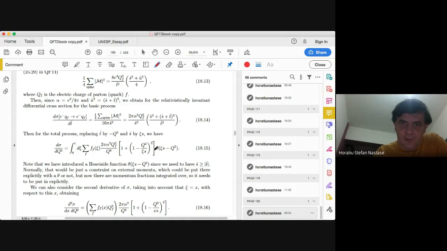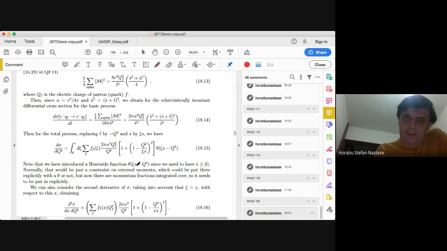Now, substituting, we just get this part. I've also introduced the Heaviside function, theta of psi s minus q squared. That is just to say that for the basic process, s hat is greater or equal than the absolute value of t hat, and s hat is psi s, and t hat is minus q squared.